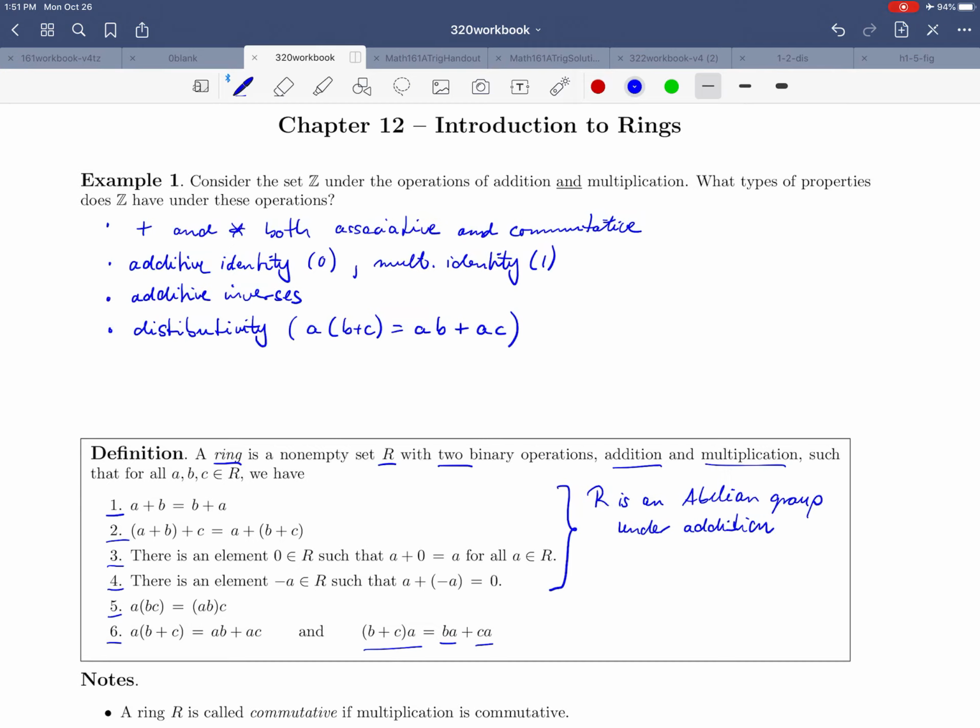For example, it's not an assumption for a ring that we have multiplicative inverses. So inverses only have to be there for our operation of addition.